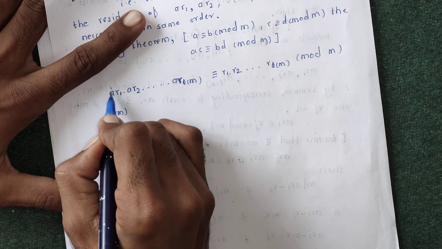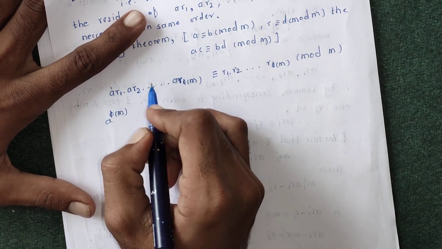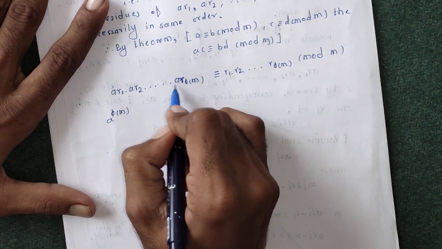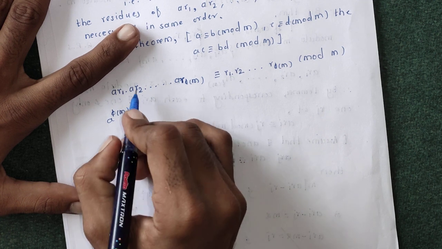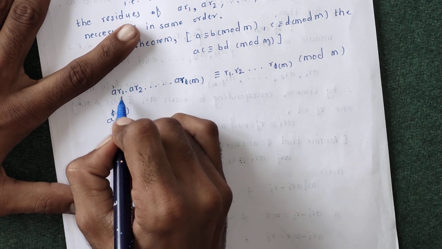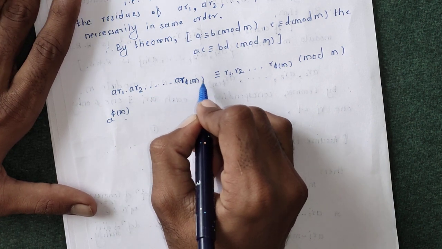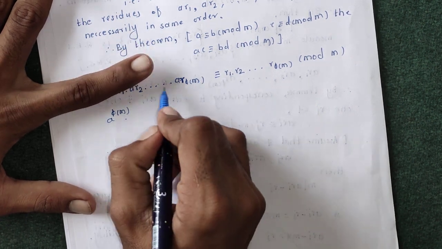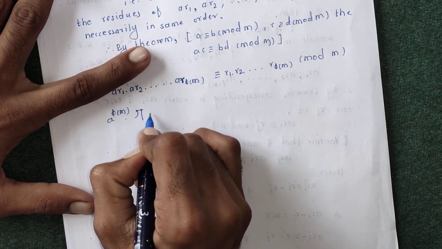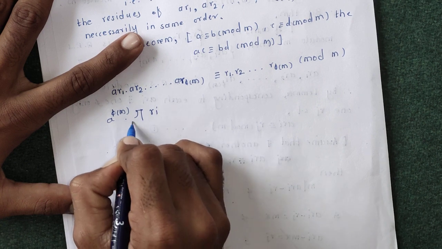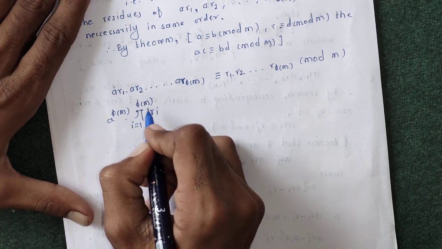The remaining terms are r1 into r2 into r3 up to r phi of m. So the multiplication of these phi of m residues we can write as the product of ri, with i running from 1 to phi of m.